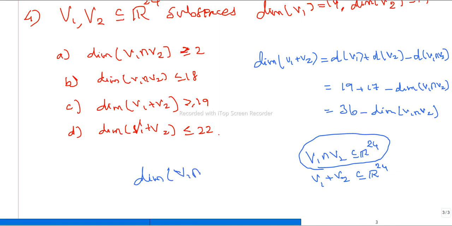But here we need a minus dimension. Therefore, multiplying by minus, minus dimension of V1 intersection V2 should be greater than or equal to minus 24. Therefore we can replace this: greater than or equal to 36 minus 24. So this should be 12.